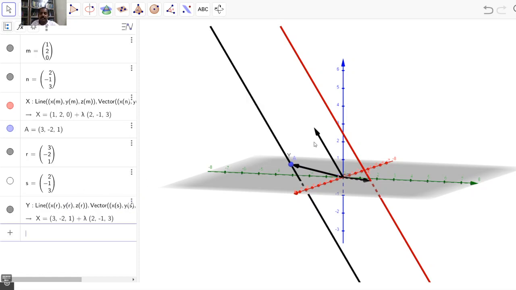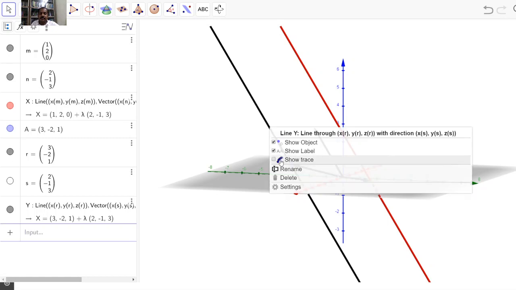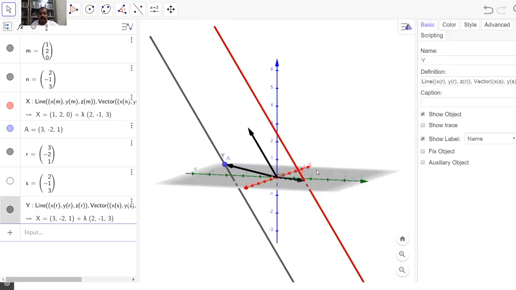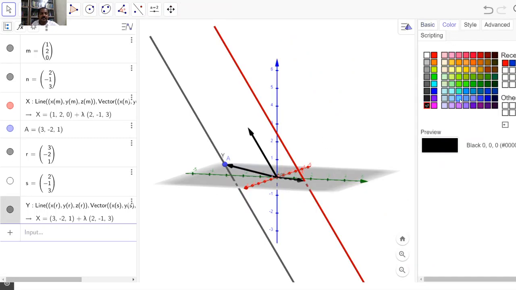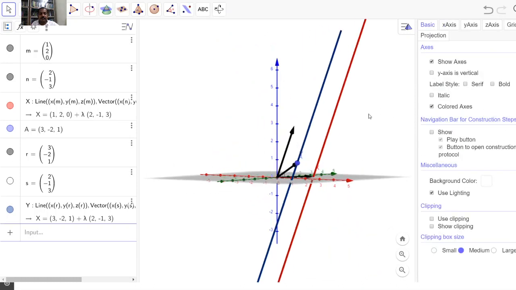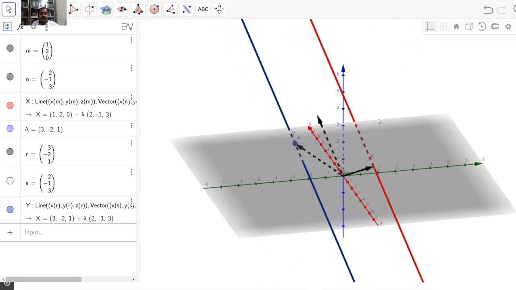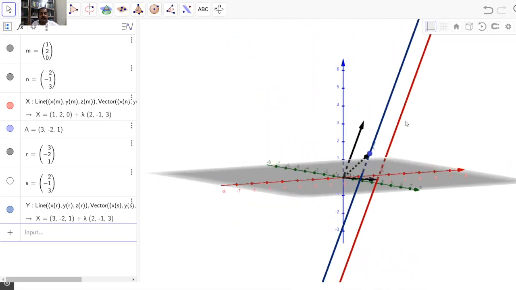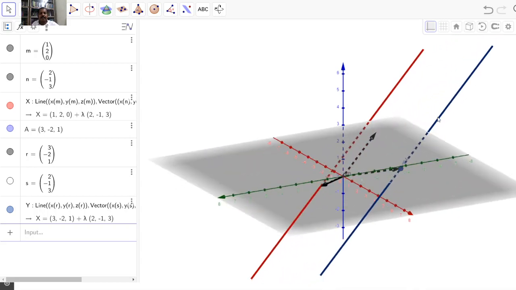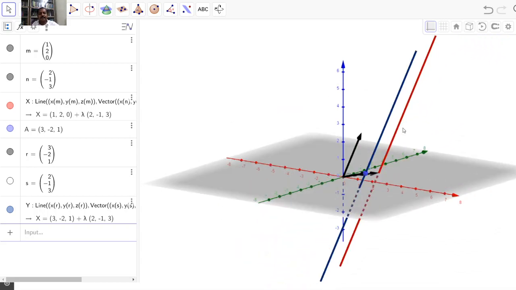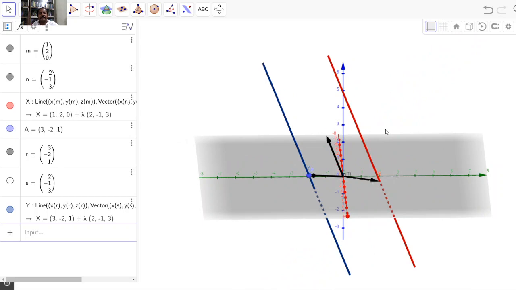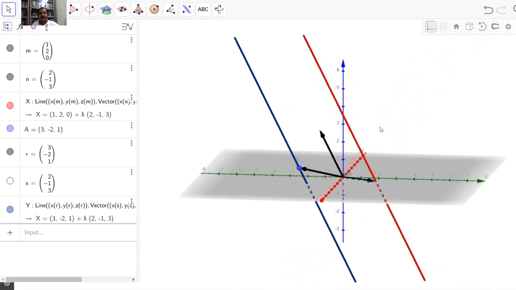So this is the required line. We color it blue. Our original line was the red line, and the new line is the derived line.